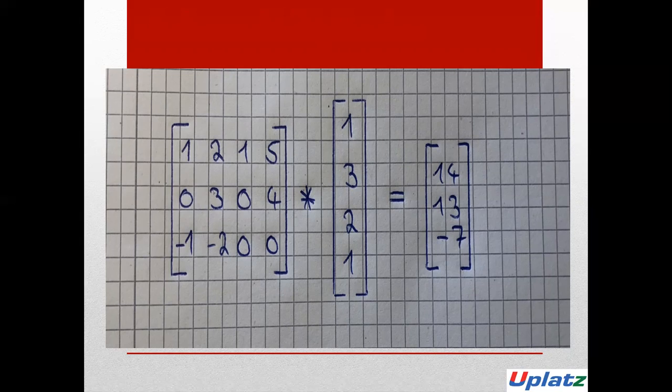Then the third row, minus 1 multiplied by 1, minus 2 multiplied by 3, 0 multiplied by 2 and 0 multiplied by 1. The answer is minus 7. So we got this output. The output is also a vector. It has 3 rows, the same as the number of rows of the matrix.